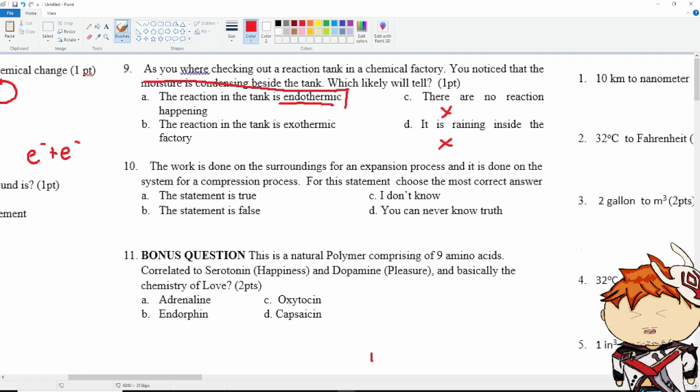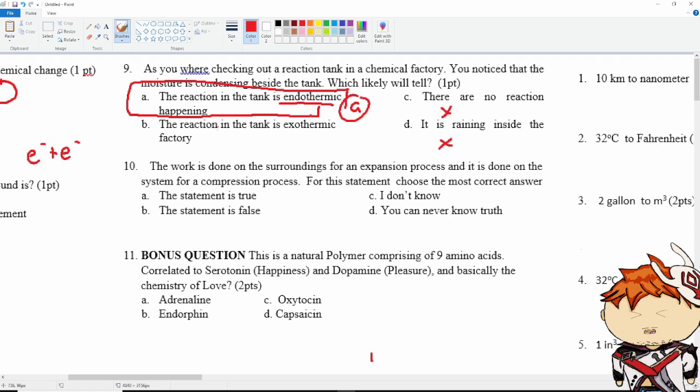So it's an endothermic reaction, letter A. Okay, so we must analyze where the heat is going. Because the water is condensing, the container is cold, which means it's absorbing heat.